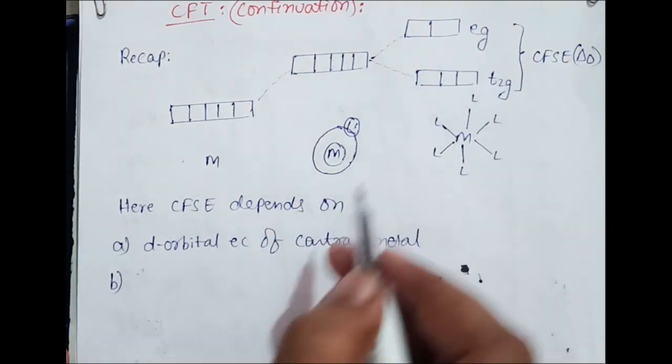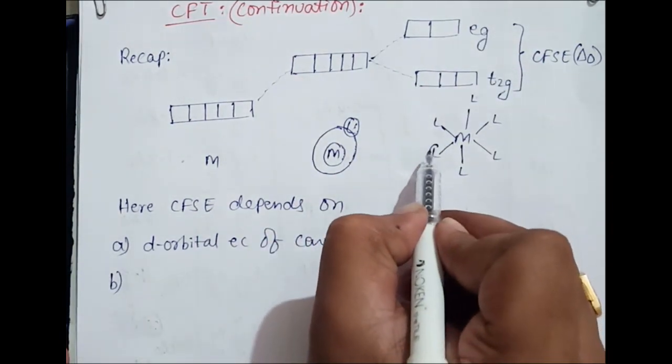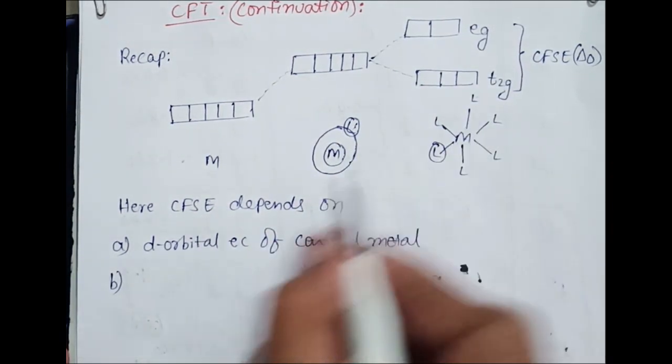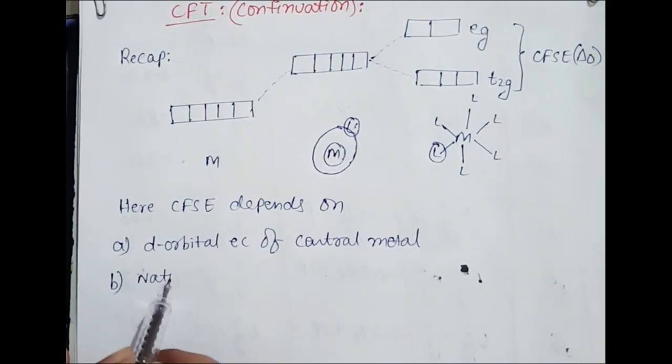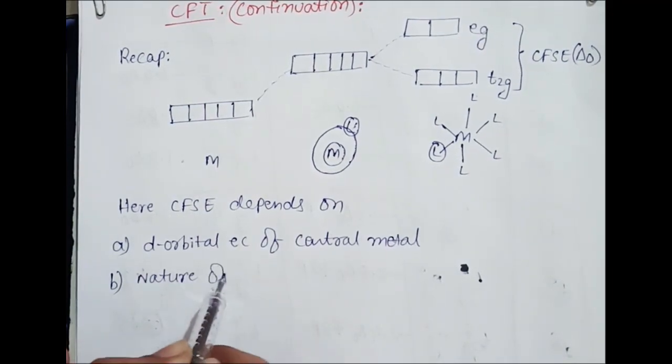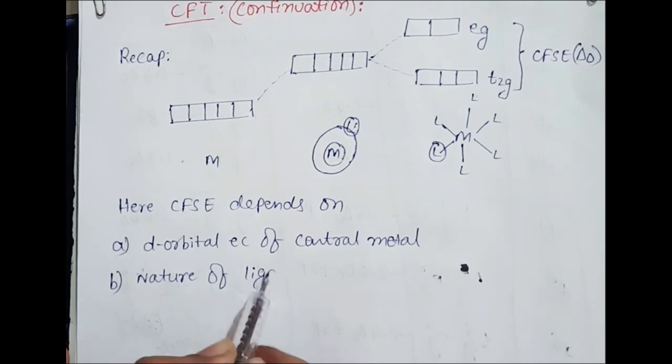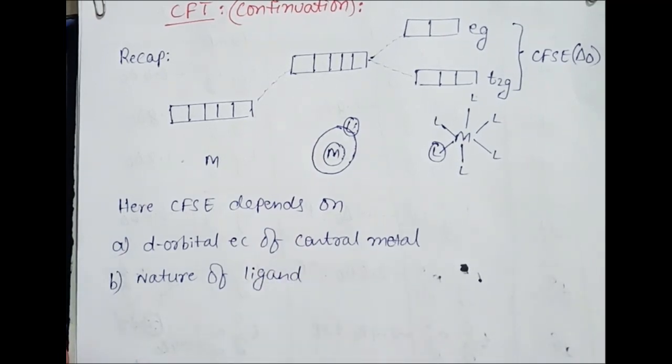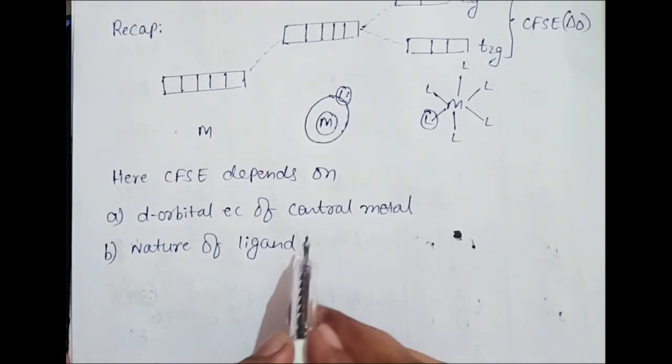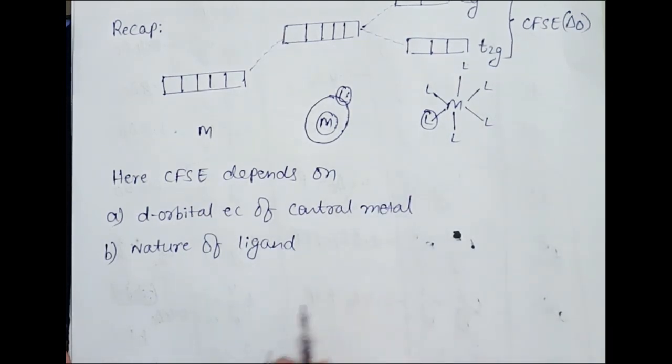Second one, this depends on the nature of ligand also. So nature of ligand also creates impact. How can we say that nature of ligand will create impact? Ligands are classified into two types.